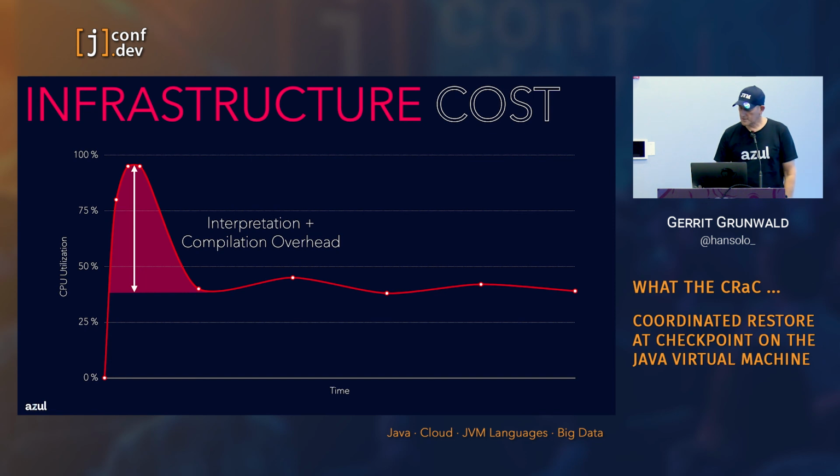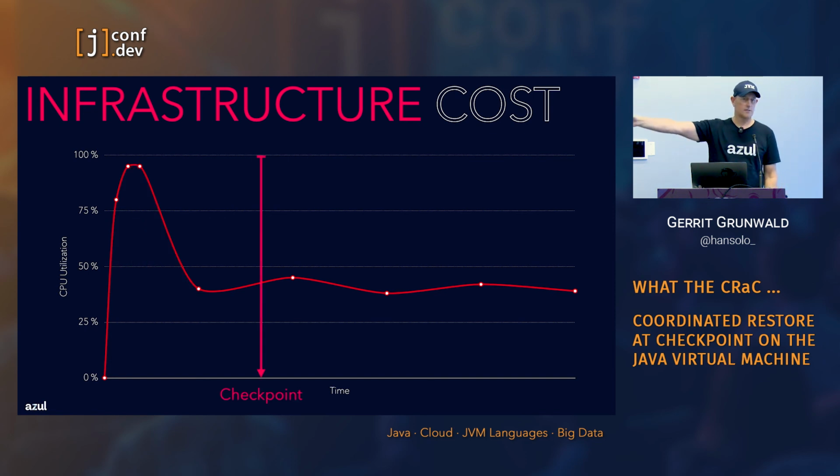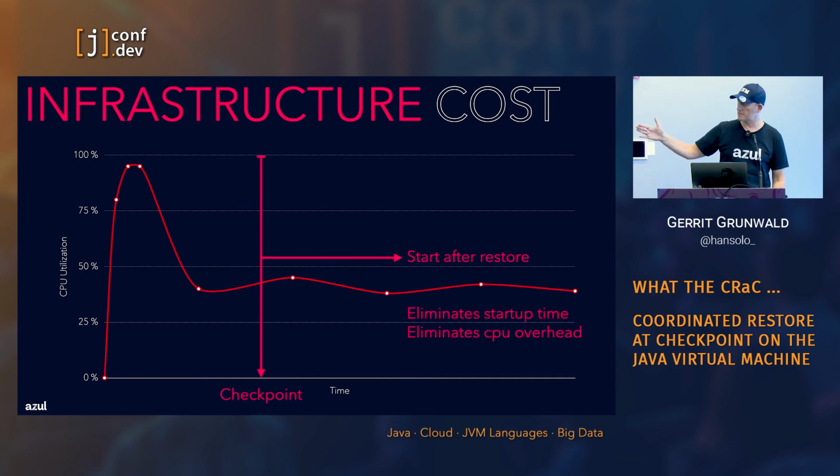So what we can do, we can create the checkpoint here after all that is done. And the next time we start from there. So there's no need to have lots of cores in the nodes, right? So you can use cheaper nodes or even fewer nodes to run the same amount of stuff. Right? This is the main idea. So you can get rid of the startup time and the CPU overhead. Still, it has the higher memory footprint, of course.